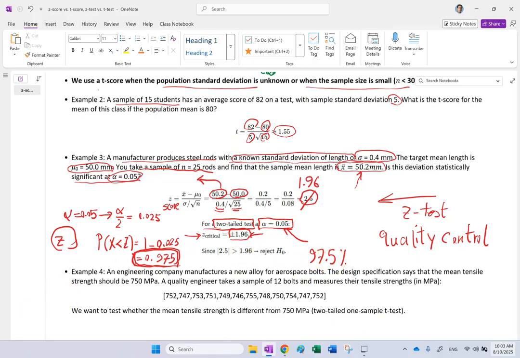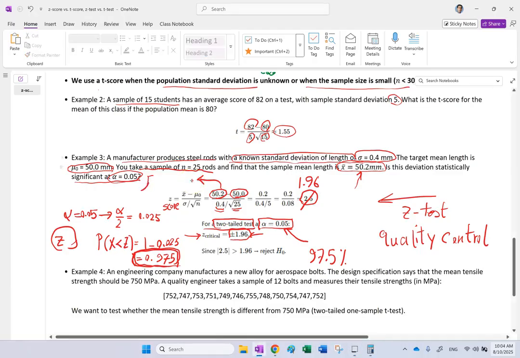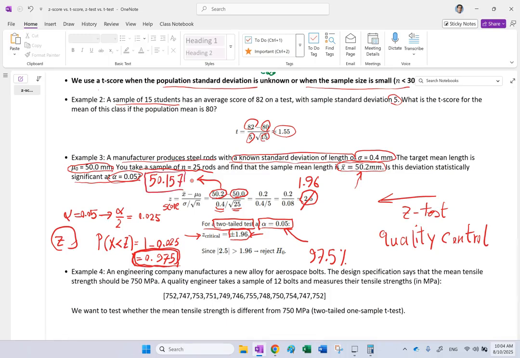Let me calculate that number for you. That number is 50.157. So if the average of my sample is 50.157, then I can say that ideally 97.5% of the rods ever made should be shorter than this.